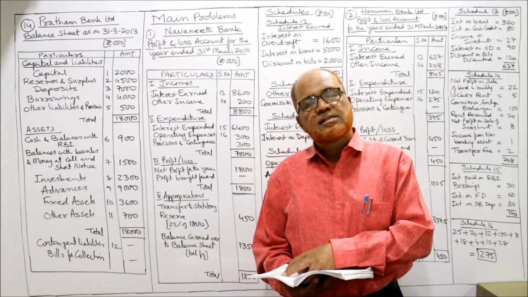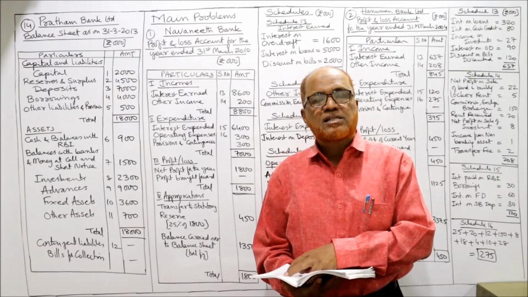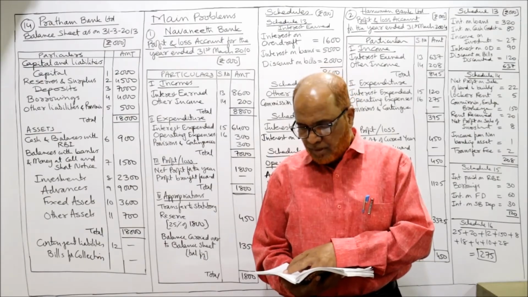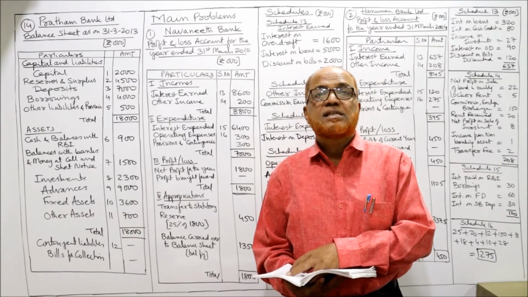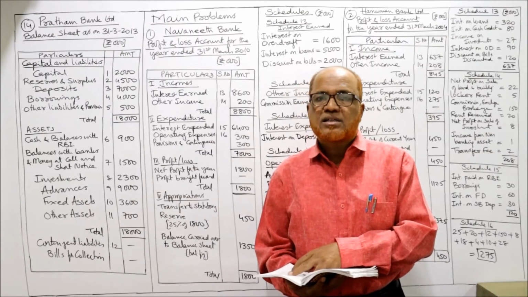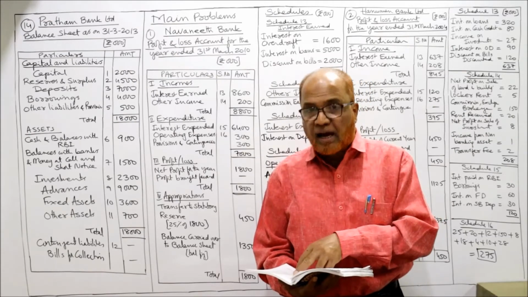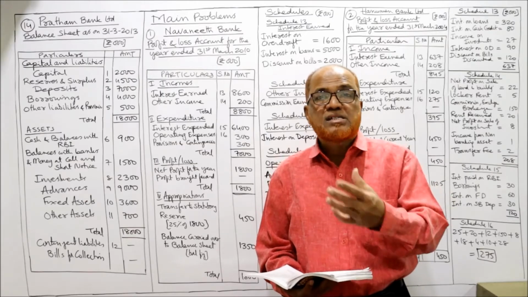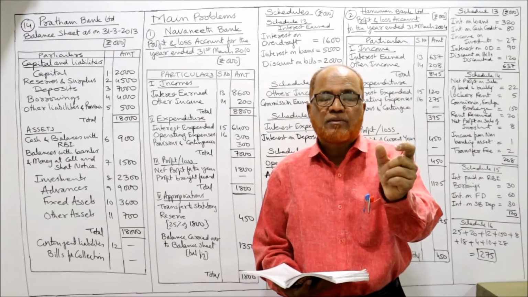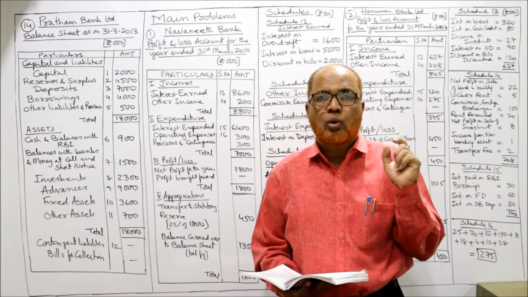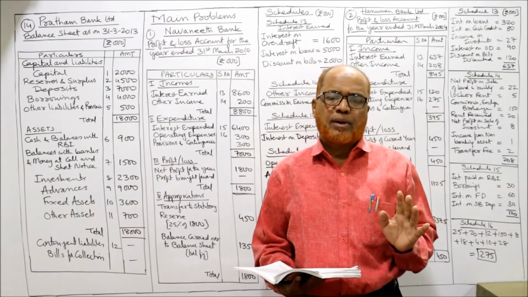Discount on bills, same 13th, interest and discount. Rent and taxes 16th, operating expenses. Director's fees 16th, operating expenses. So I have read out all the items given in the problem and decided which item will be taken under which schedule. That only you have to remember.